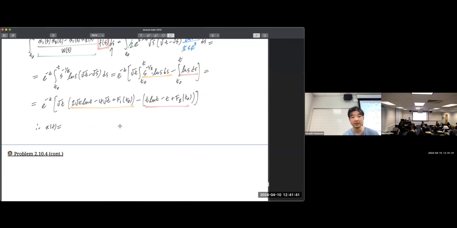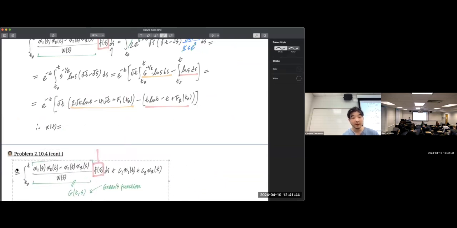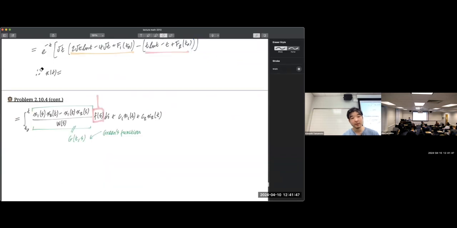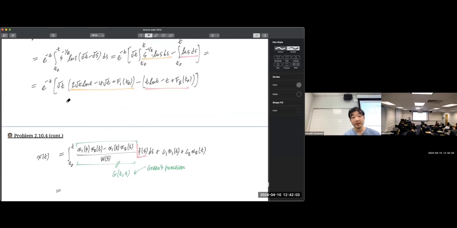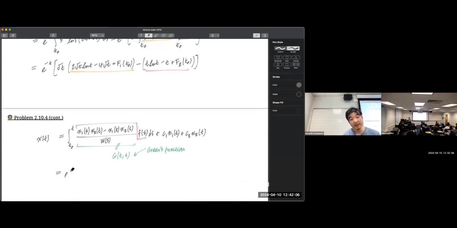The hard part was finding this integral. So I'll go down a page. So therefore, we have our full solution, x of t. It's equal to all of this. And after all that, we found that this is equal to e to the negative t times 2 times the square root of t times square root of t, those square roots will become just t, ln of t.